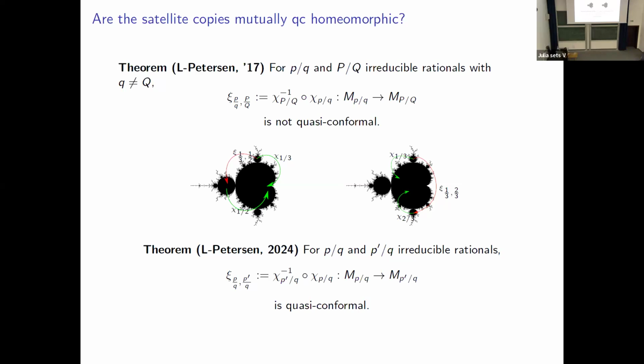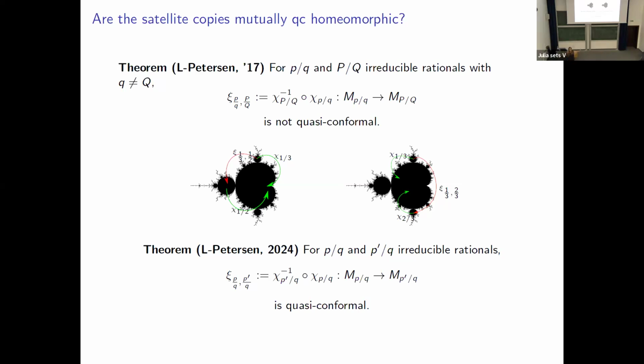If the homeomorphism between the satellite copy P over Q and big P over big Q have a denominator of the rotation number different, which means the cycle has a different period, then no way.